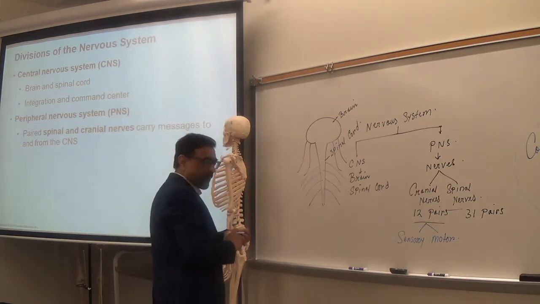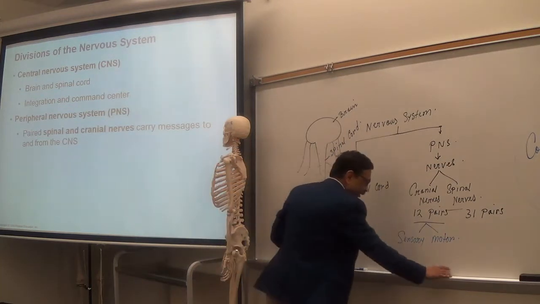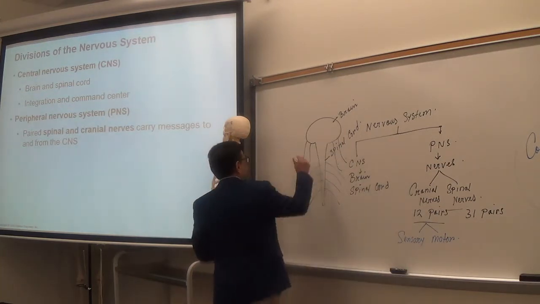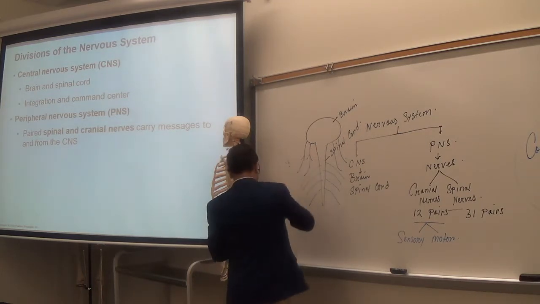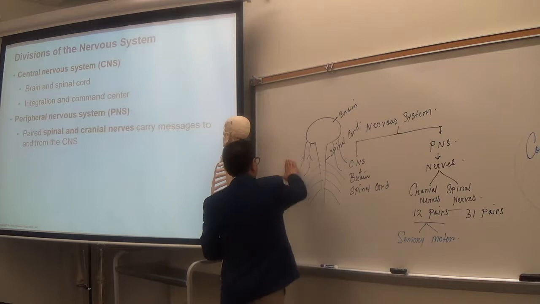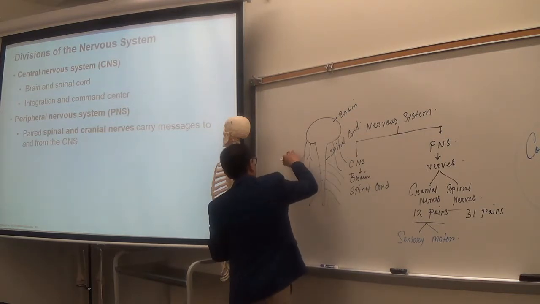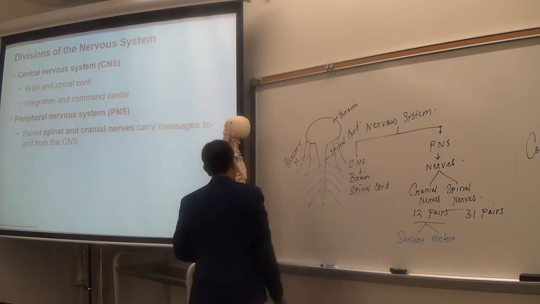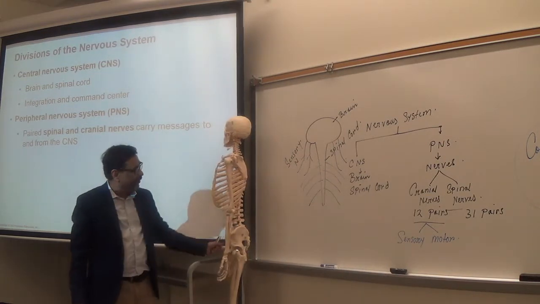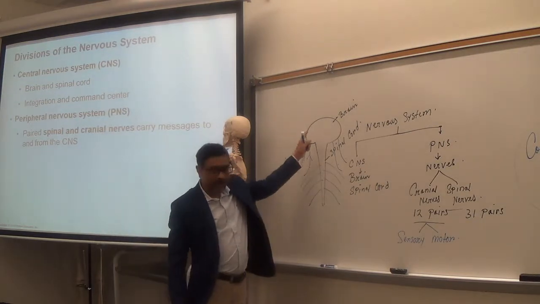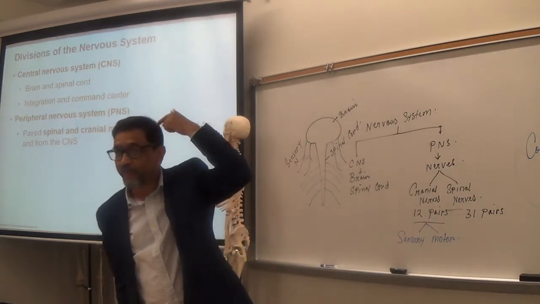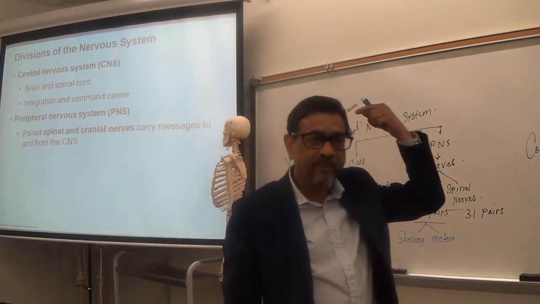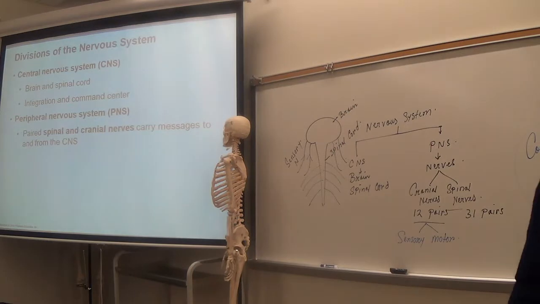So those cranial nerves take the signal towards the brain. Those are called sensory nerves. Okay? Taking the signal towards the brain. Example, your optic nerve from the eye to the brain. Make sense?